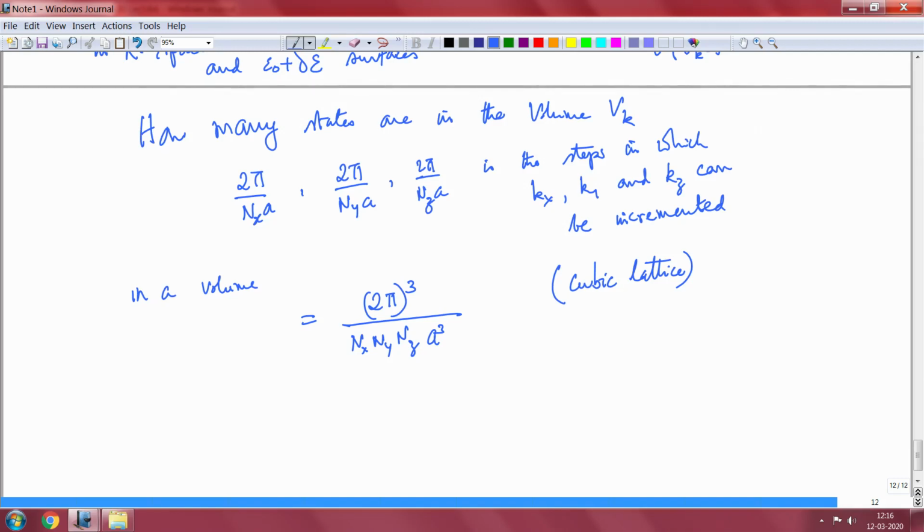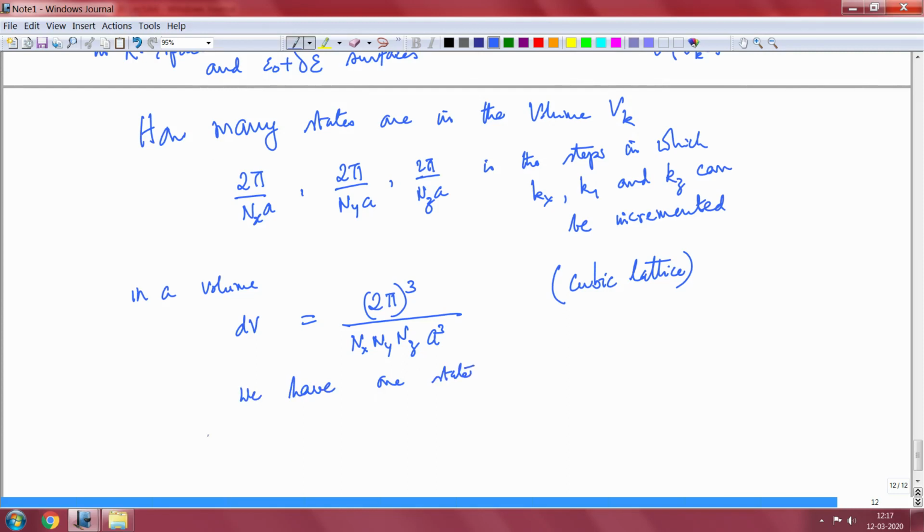So, you know that every value of k is incremented in steps of 2 pi by na. Okay. So, in a volume dV equal to 2 pi cubed by nx ny nz a cubed, we have one state.